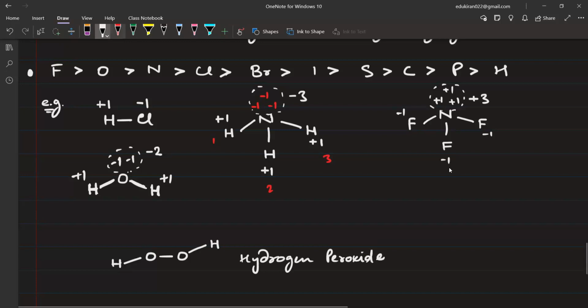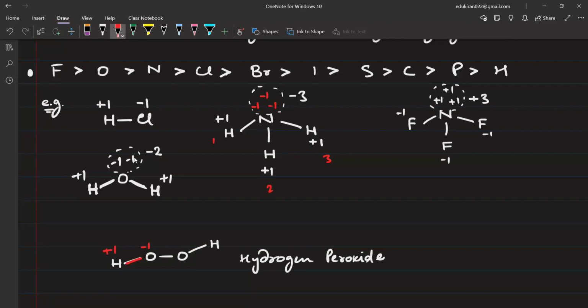Between hydrogen and oxygen, which is more electronegative? What will be the charge on hydrogen? +1, and -1 on oxygen for this bond.